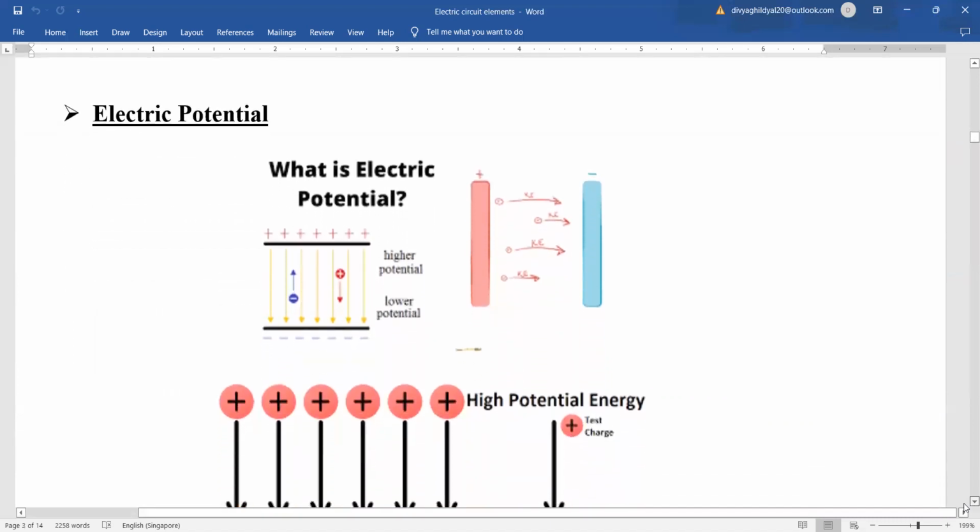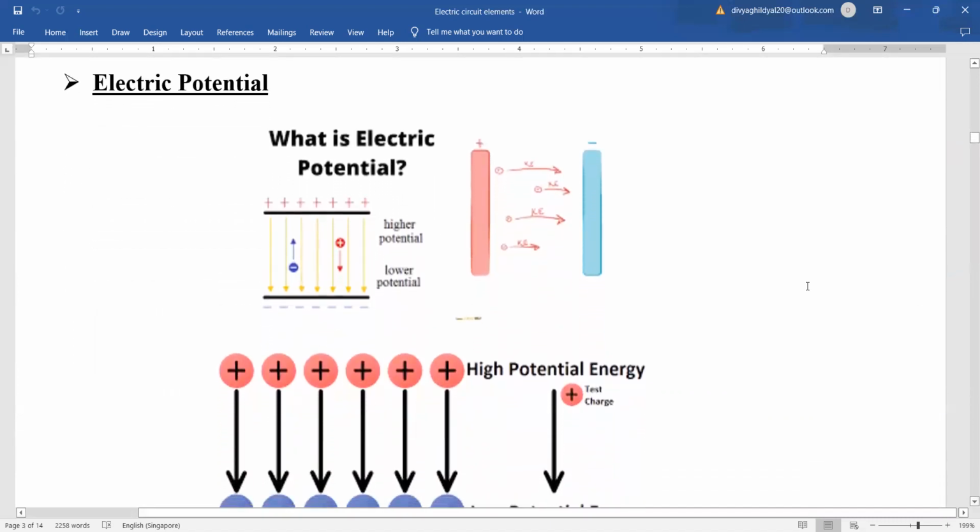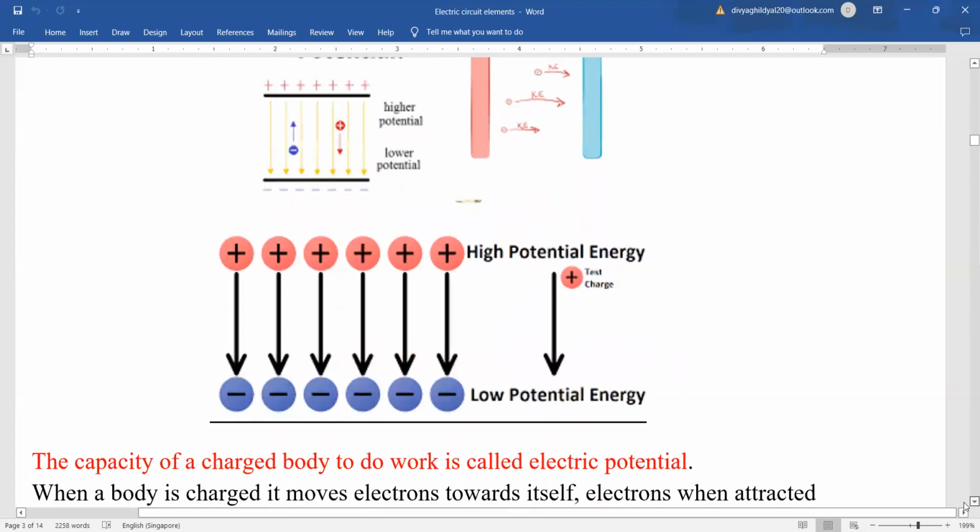Electric potential, it always flows from higher to lower, like water falling down a staircase, coming from higher to the lower end. That means whichever is higher charged, it will flow towards the lower charge in order to obtain balance.